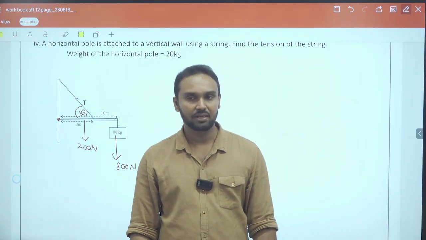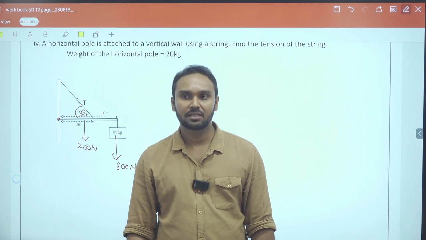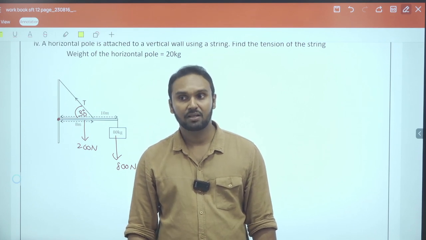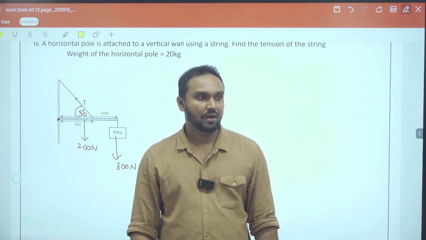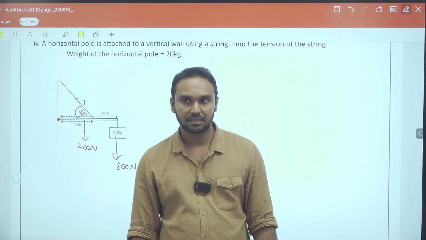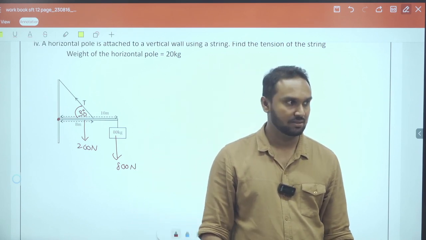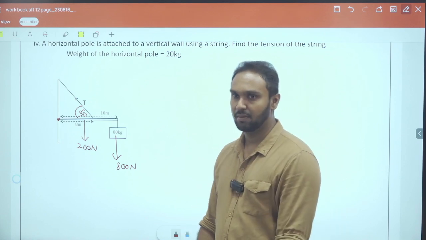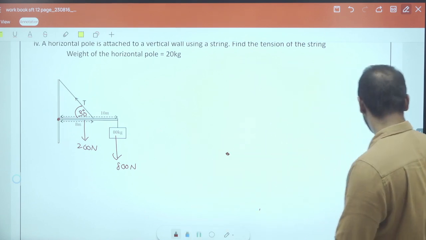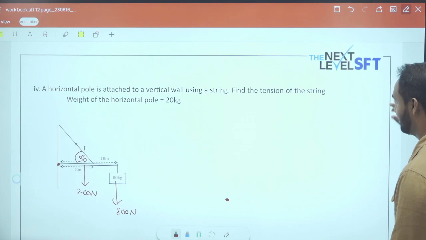You can only take a torque when the force and the distance are perpendicular. If not, you have to take a what? The component which is perpendicular. We discussed this previously, right? Can you remember? Should I remind you of that? Yeah, come to the previous parts.